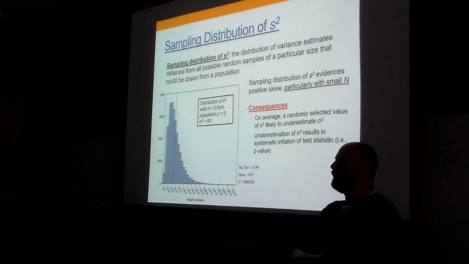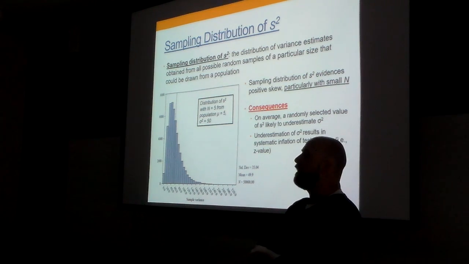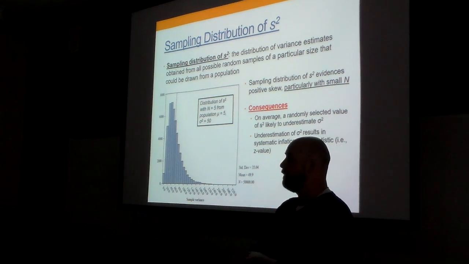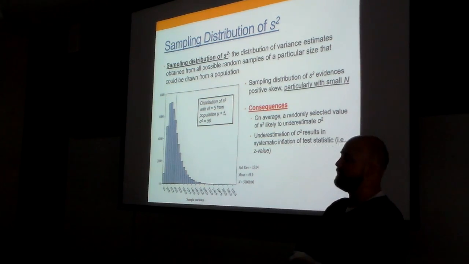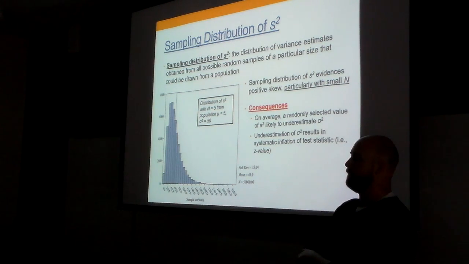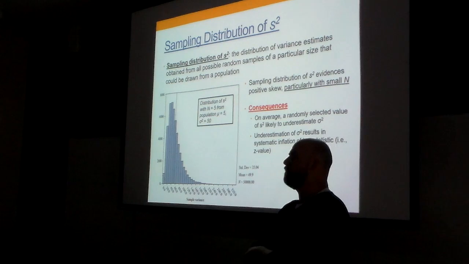I'm sorry, could you repeat that? Yeah, if my test statistics are systematically too large, what's going to be the consequence in practice if I'm just using the Z test procedure and substituting the sample variance for the population variance? So if my test statistic is systematically too large, what's that going to mean for my inferences?